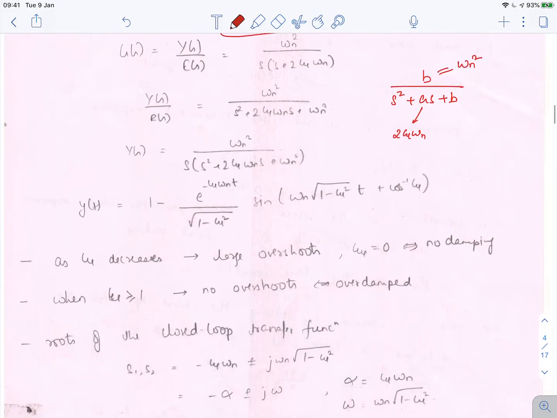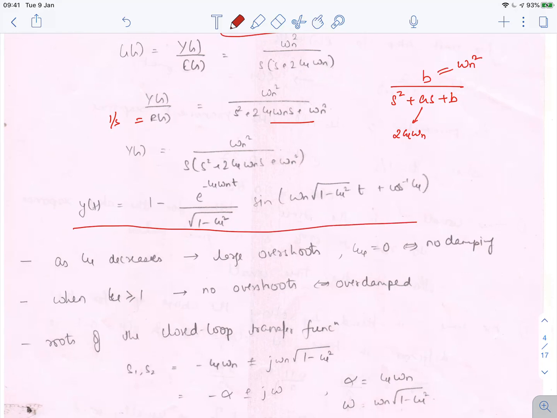Now substituting R as 1 by s, because we are interested in the unit step response, we would have Y(s) as the multiplication of R(s) and the overall transfer function. For this function, we can take the Laplace inverse to finally compute y of t.